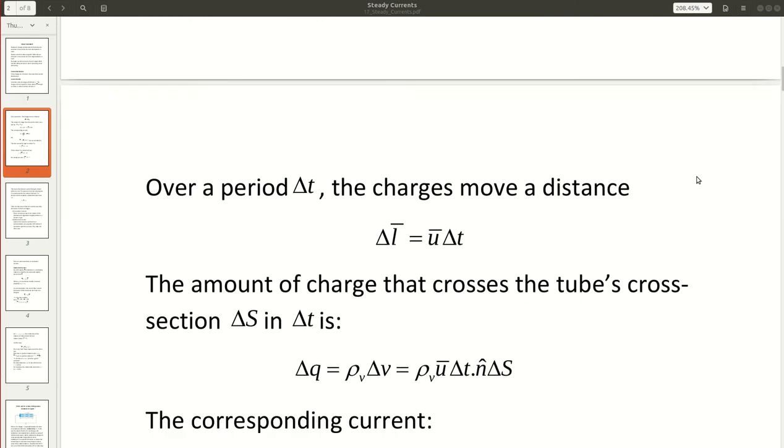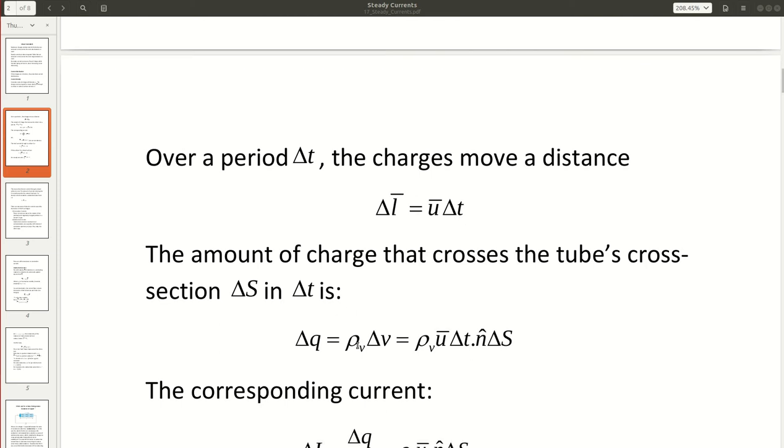Over a period of time delta t, delta L is equal to u delta t, and the charge is rho v delta v. So it is equal to rho v u delta t dot n hat delta s.